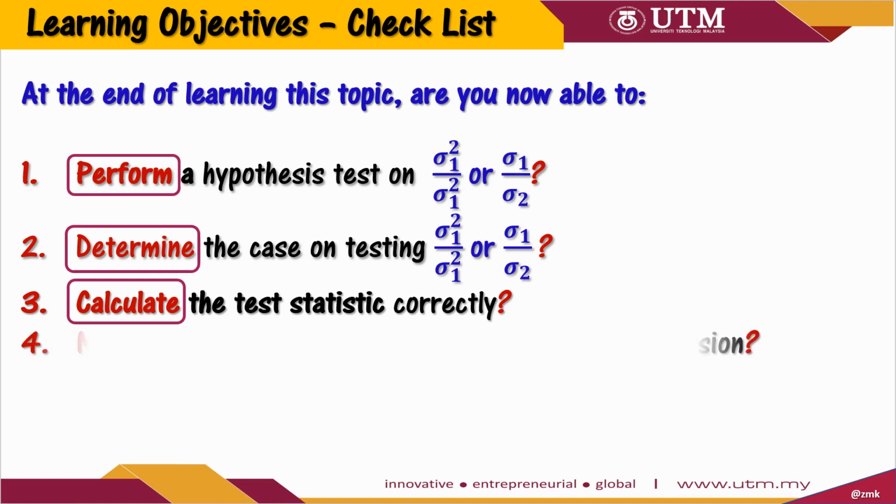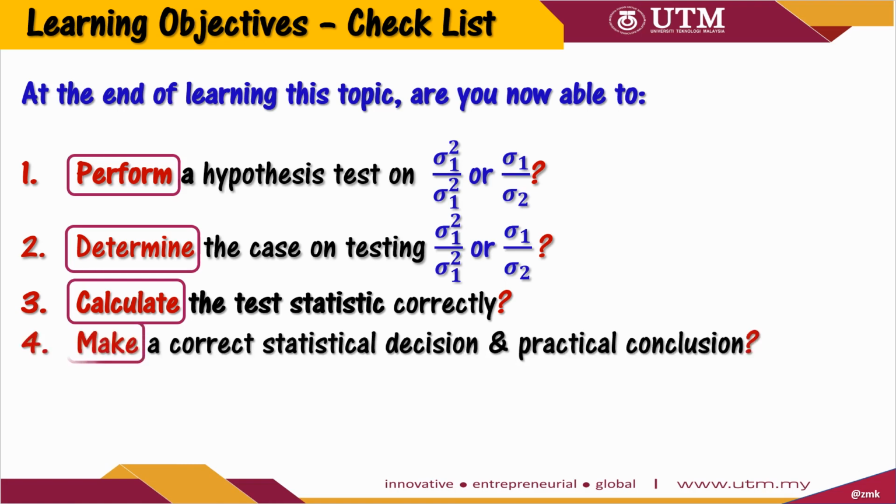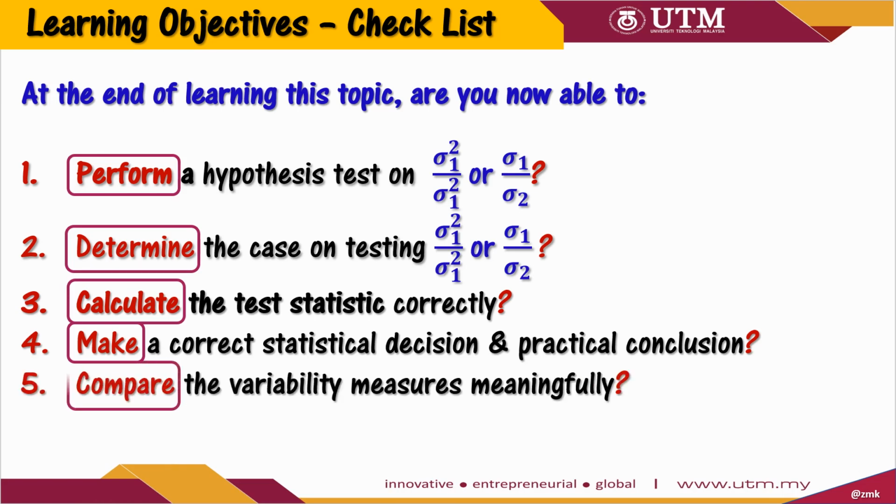Next, are you now able to make a statistical decision correctly and write a sound and practical conclusion? And finally, you should check whether you are able to compare the two population variances, which are the measures of variability, meaningfully?